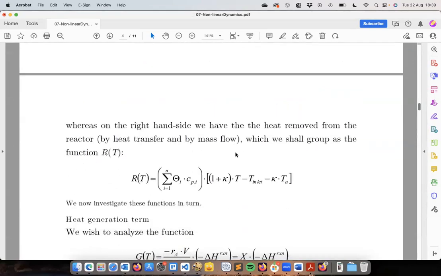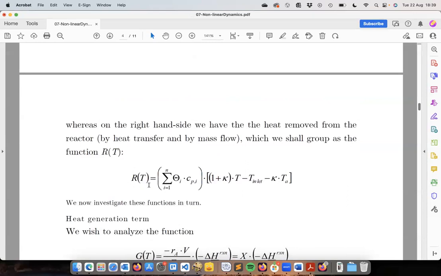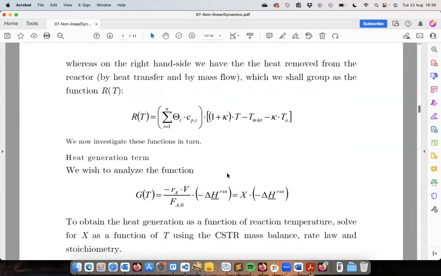And then the right-hand side, the heat removed by the cooling equipment, that's what we've derived and found there. So that's what we have. And if we look at this equation, this is pretty straightforward, right? This R of T, we would like to plot how much heat is removed. R does have units of energy, I think energy per time, basically.